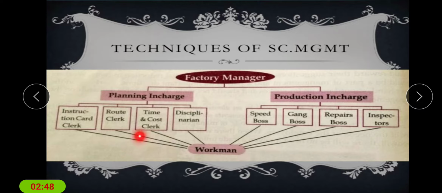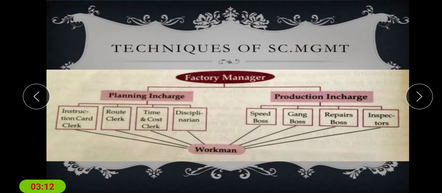The time and cost clerk maintains all records relating to workers, such as time devoted to different jobs, their pay, allowances, etc. He also maintains cost records. The disciplinarian maintains discipline in the department and deals with cases of breaking of discipline and absenteeism.